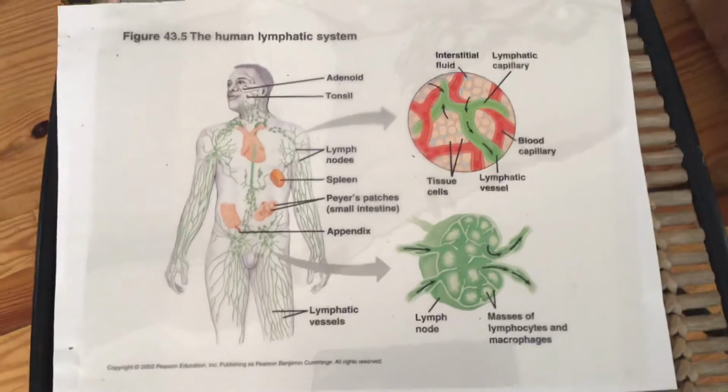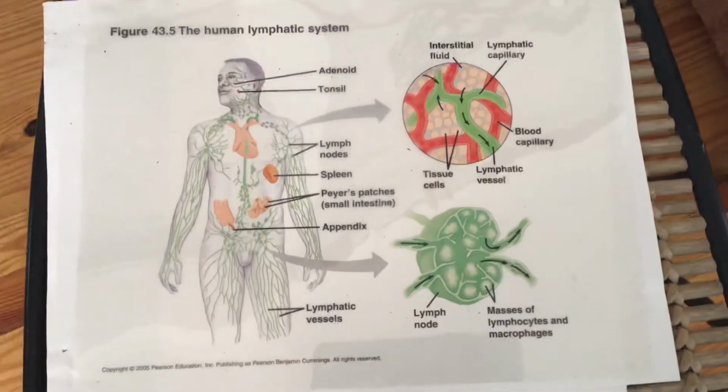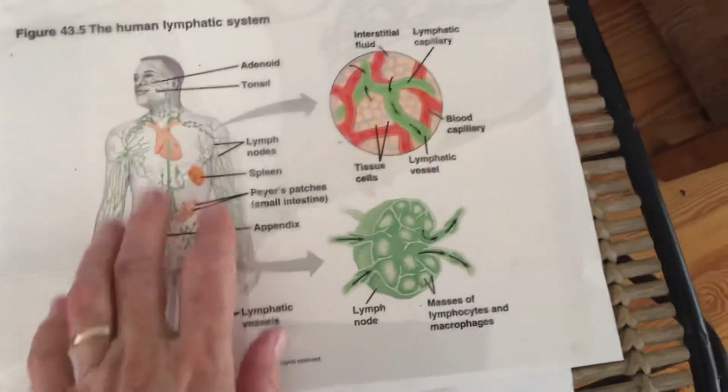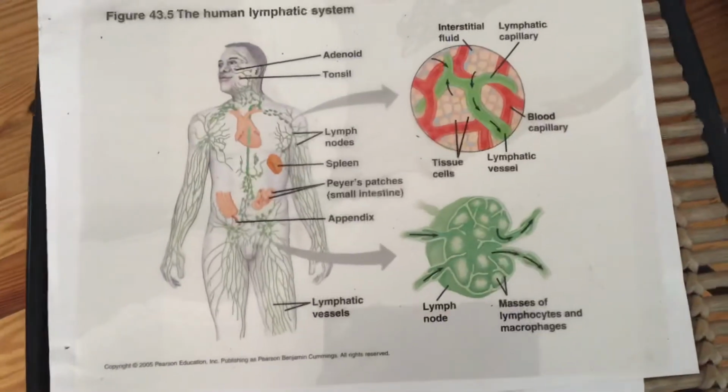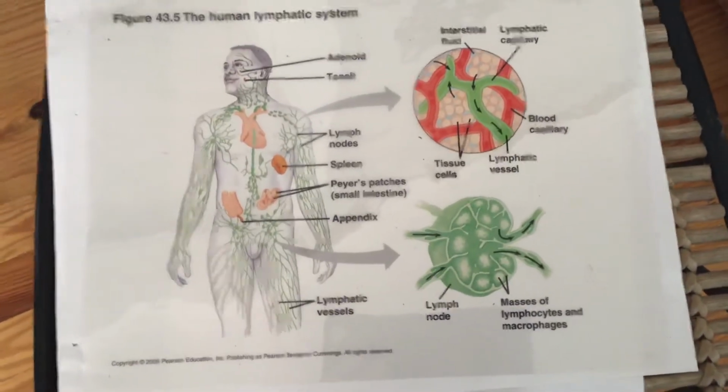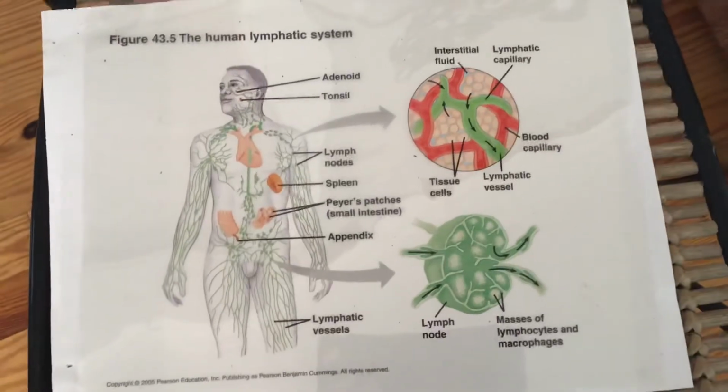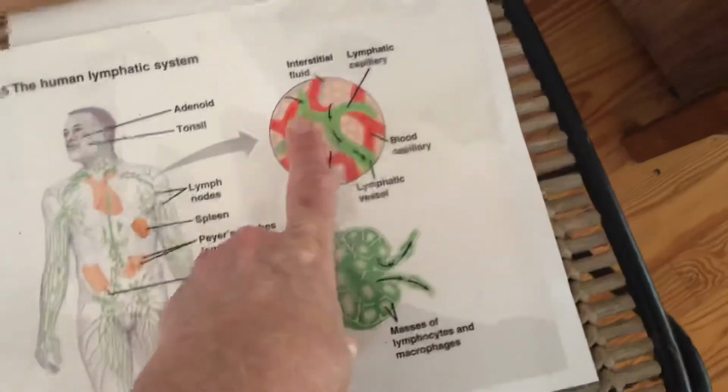And these things are going to start in your cells, and they drain back. And you notice that it looks a lot like the cardiovascular system. It has small vessels, then larger and larger.